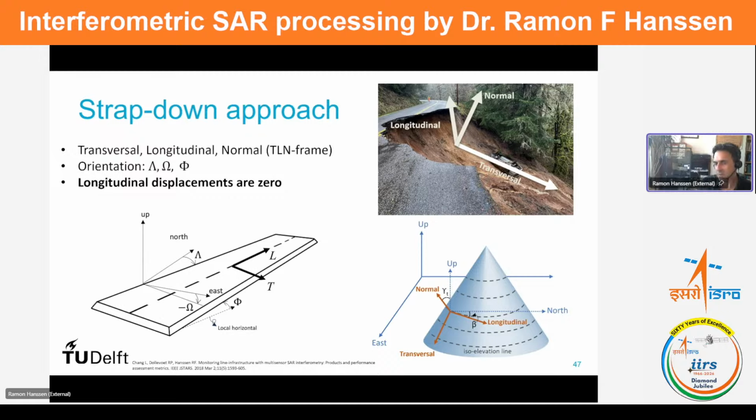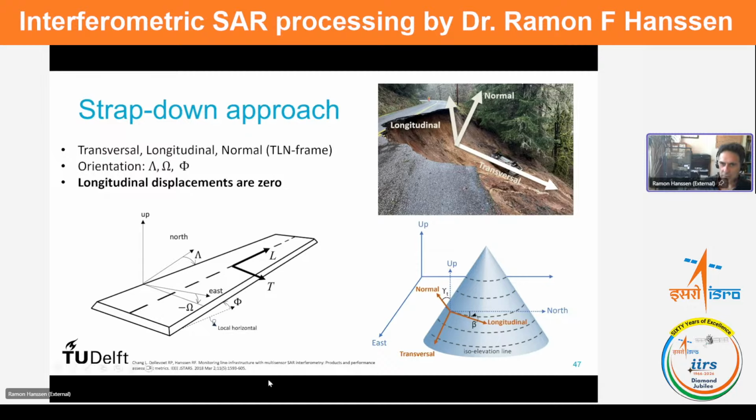Most likely gravity and the plane of the mountain will be more or less the direction in which it will move. And I don't need to know it exactly. What I need to know is that the longitudinal component is very close to zero. And I don't need to make an assumption that it has to be actually zero. I can actually introduce my uncertainty also in my equations, as I will show you in a minute.